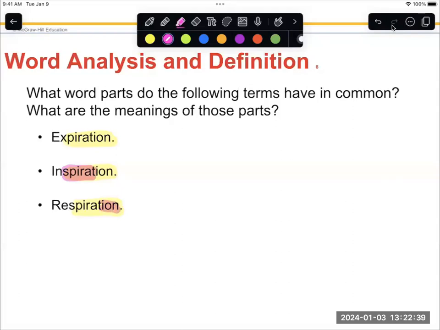Ion is process. So expiration: prefix ex, prefix in, and prefix re. And that ion is our suffix.